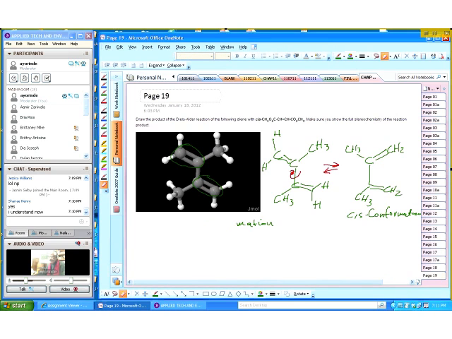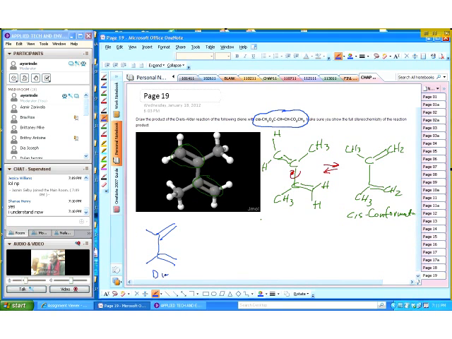Okay, let me take this out of here so we have some room. So we have a methyl group, and then we have this molecule, the dienophile.